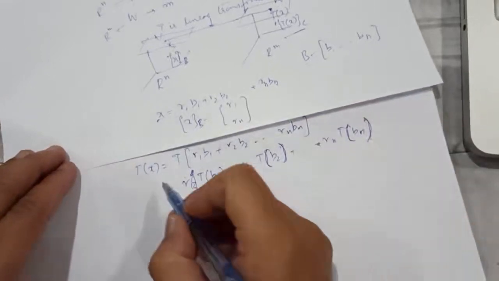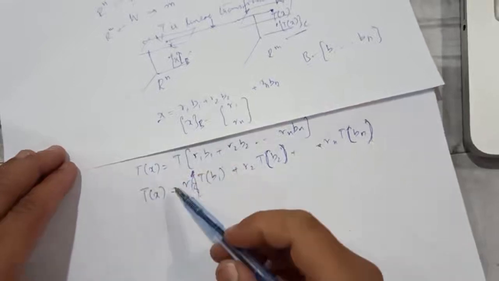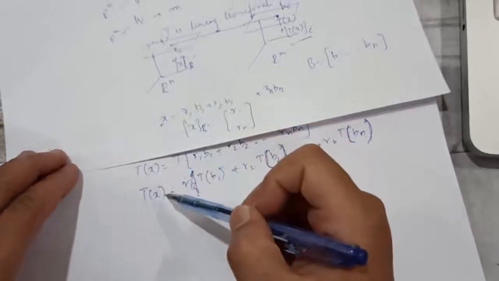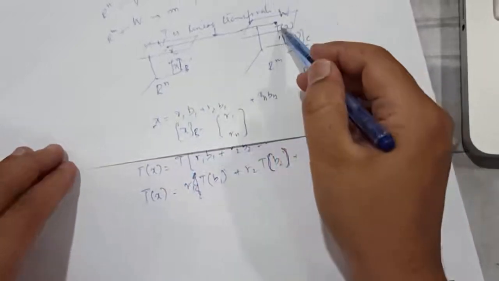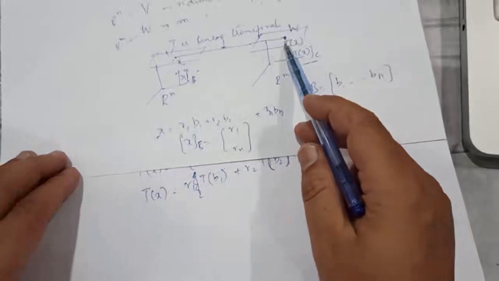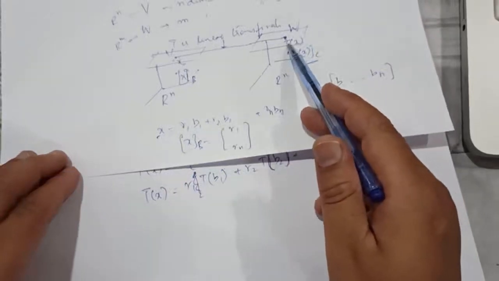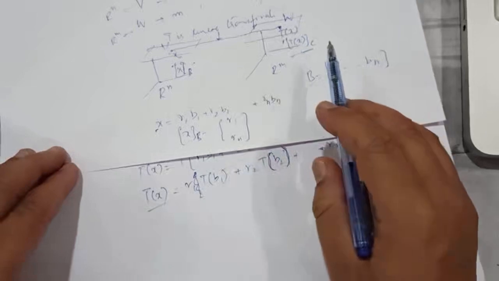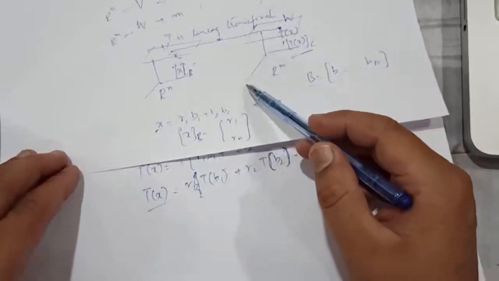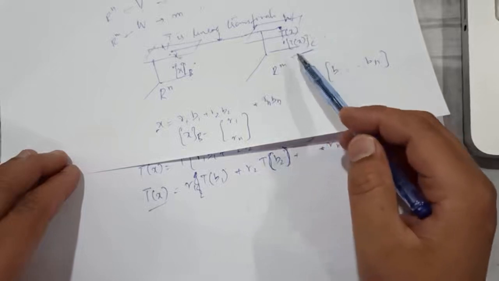Now x in this point can go to T of x in this point, but the problem here is that in W, this T of x is in terms of the standard basis, which, if it's three dimensions, is 1 0 0, 0 1 0, and 0 0 1.